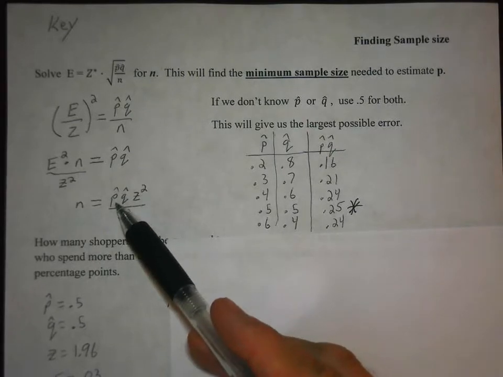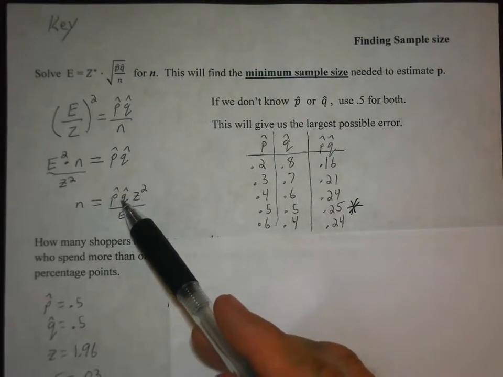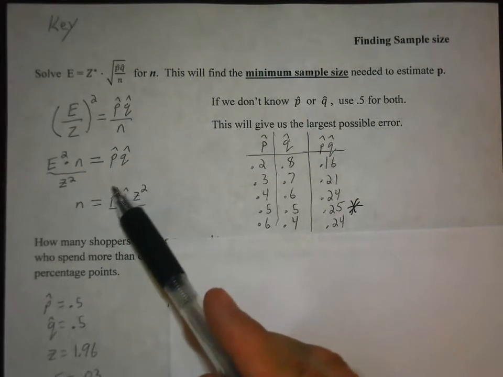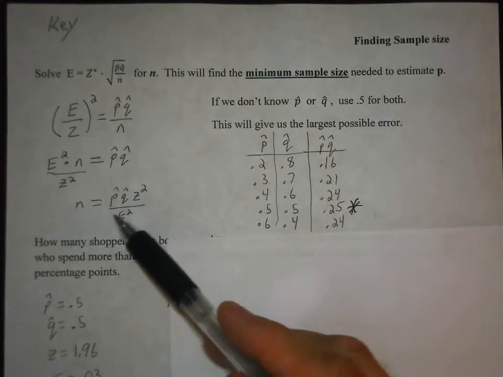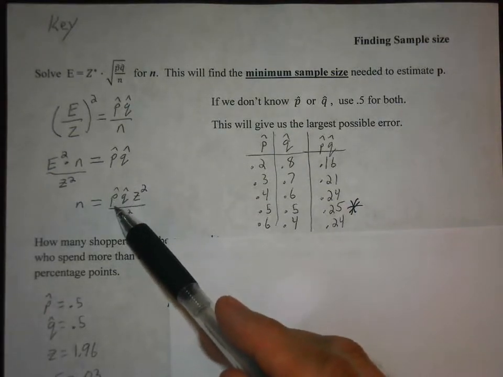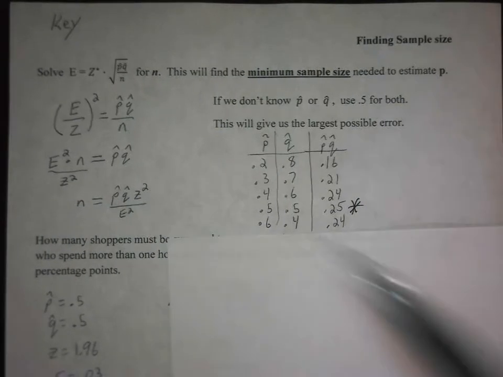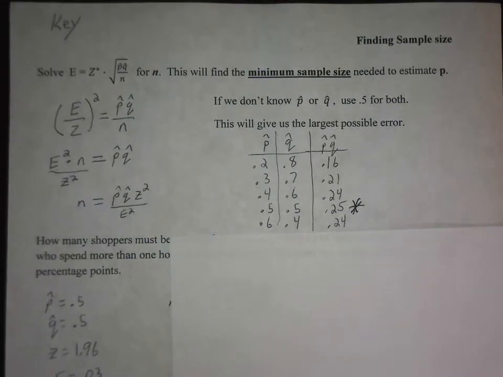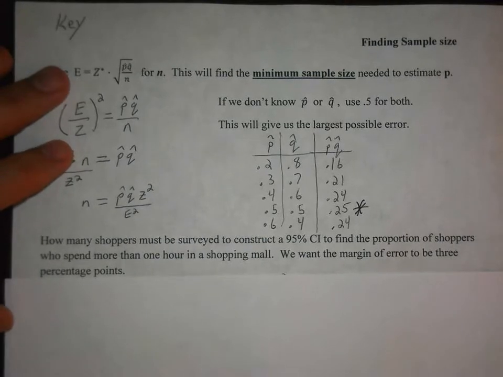So using 0.25 here, which is 0.5 times 0.5 in the numerator, that'll allow us the largest value for N. Okay, because that's in the numerator. So if you read the question and it doesn't give you a sample proportion, then use 0.5 for P hat and Q hat.